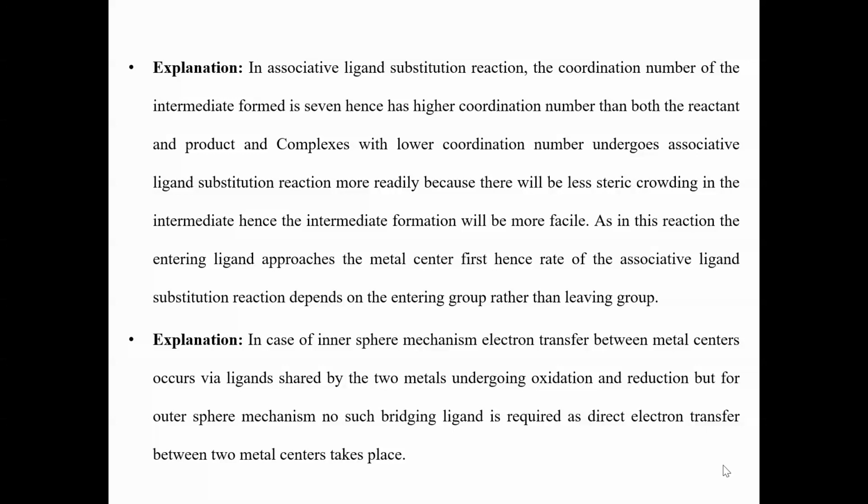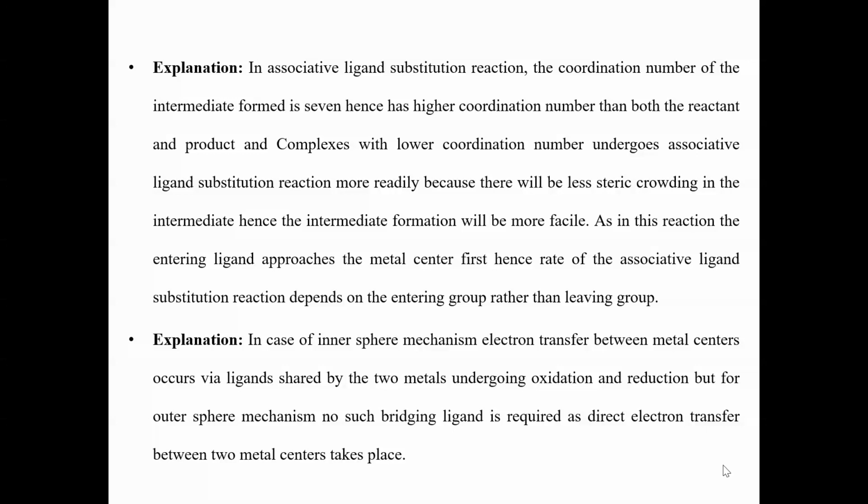Okay, and complex with lower coordination number undergoes associative ligand substitution reaction more rapidly, because there will be less steric crowding in the intermediate. So if you are having a square planar complex, and one ligand enters and is attached to the metal atom, there will be very little steric crowding.